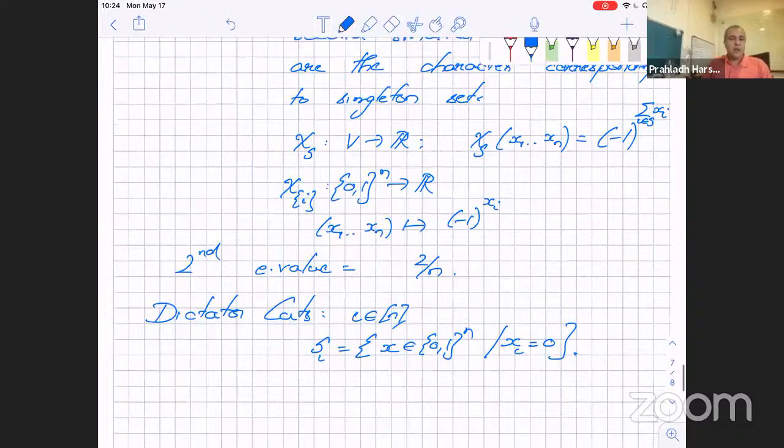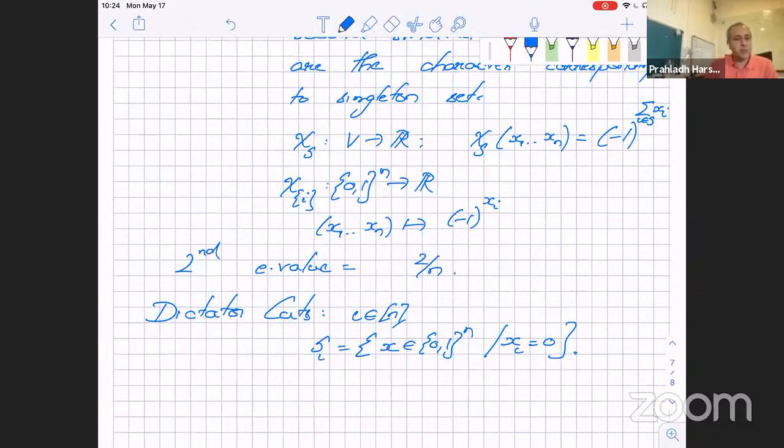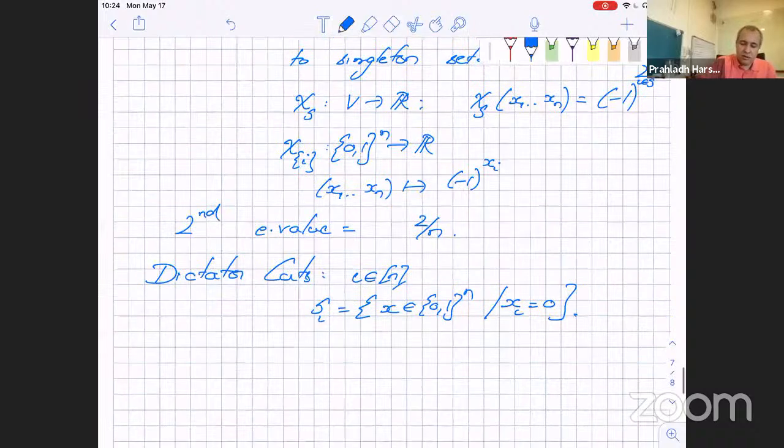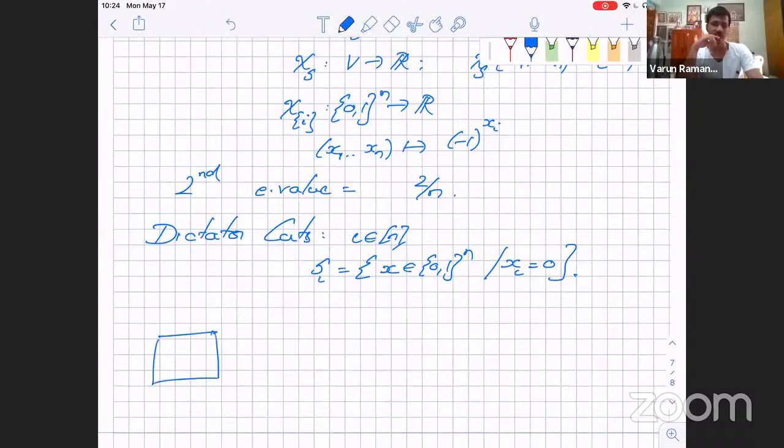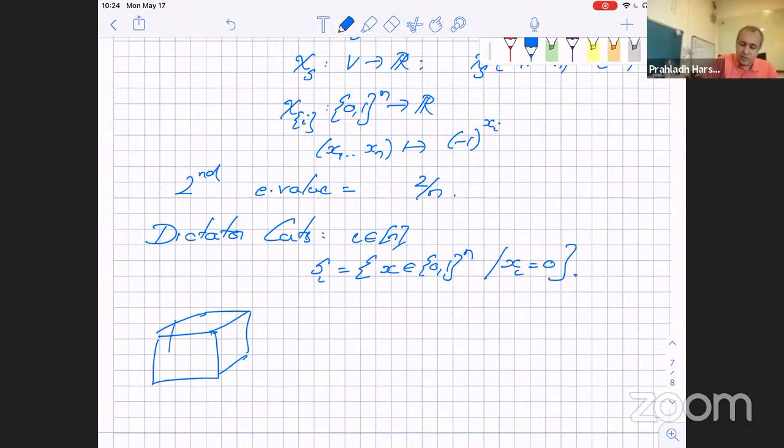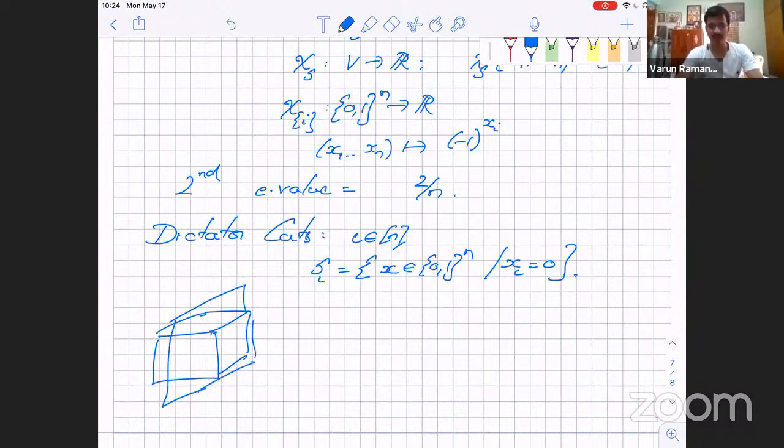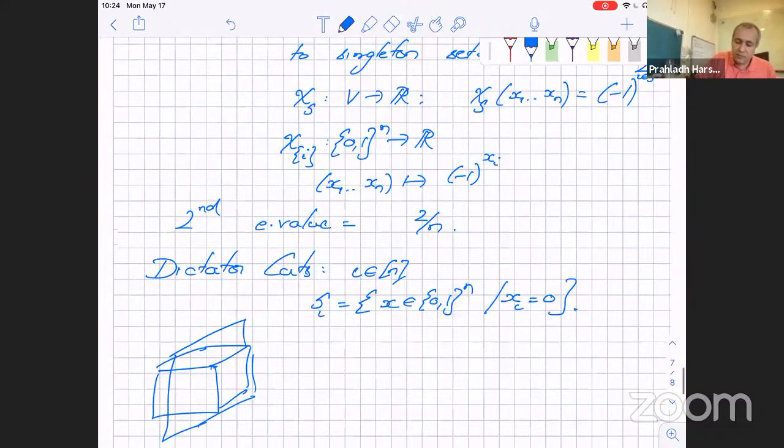And what's the value of this cut? How many edges are cut by this? You have taken the Boolean hypercube and constructed the dictator cut that slices it. So what is phi of Si?